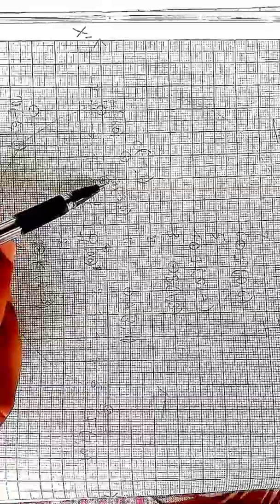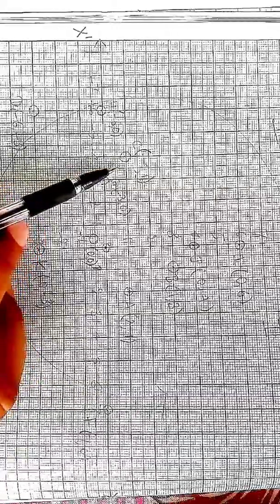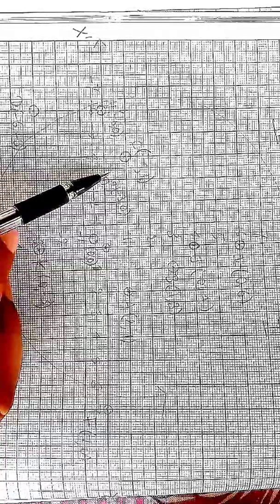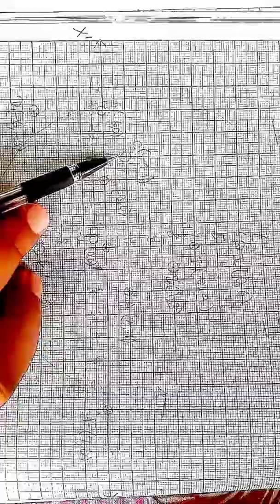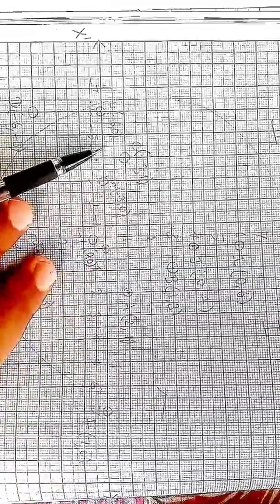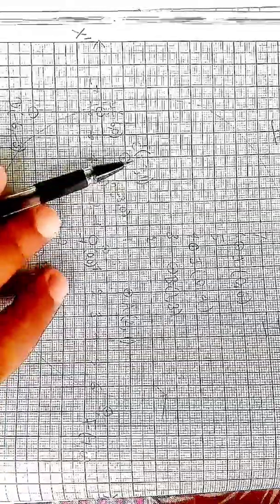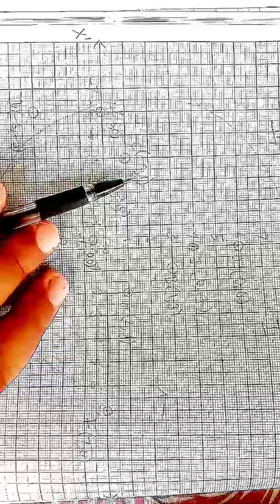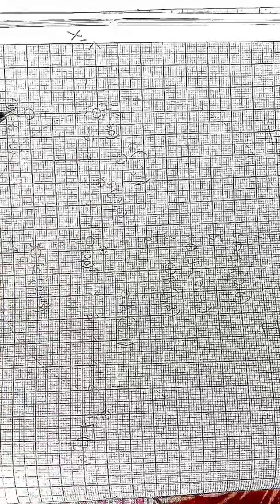Likewise, we may take another point which is minus 4 comma 1. How minus 4? Because it is at minus 4 unit distance from y-axis and 1 unit above x-axis, so it is minus 4 comma 1.